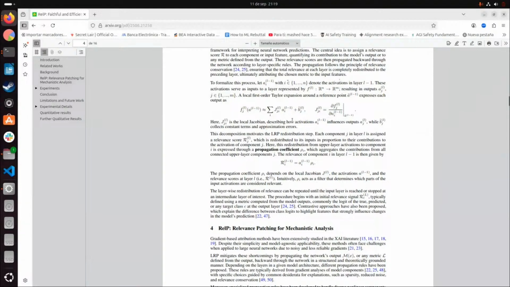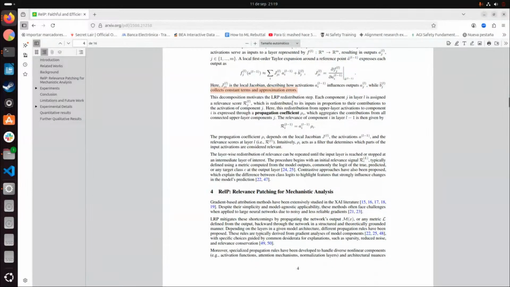The Jacobian describes how activations influence outputs, while B is a constant term capturing approximation errors. This decomposition motivates the distribution step.